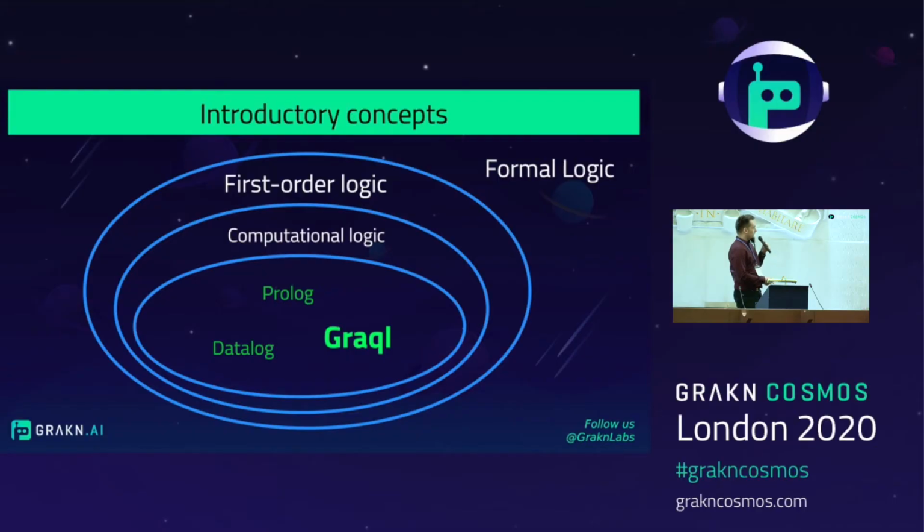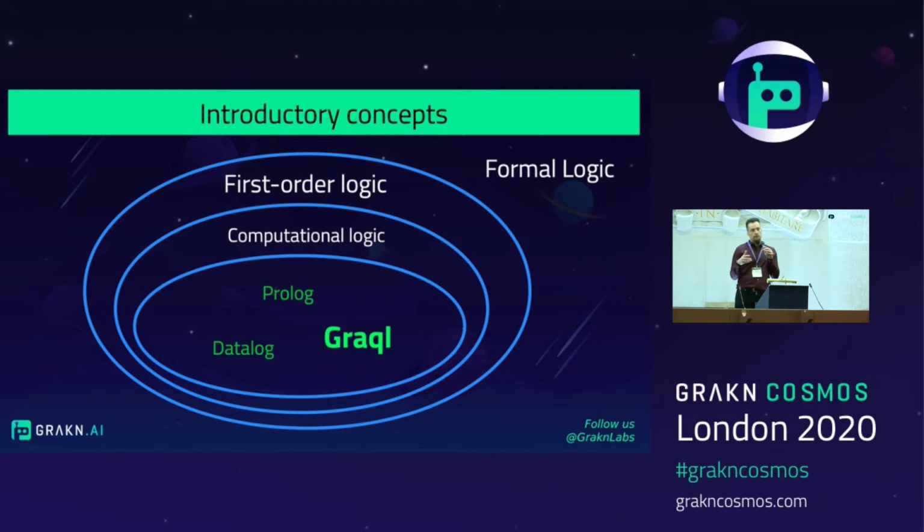Just to set the stage, or paint the big picture of where we actually are. As you may or may not know, the Graql query language has strong roots in logic. We were very heavily inspired by both Prolog and Datalog.